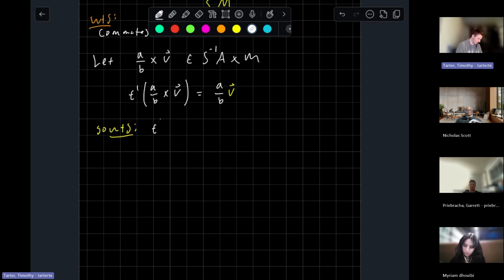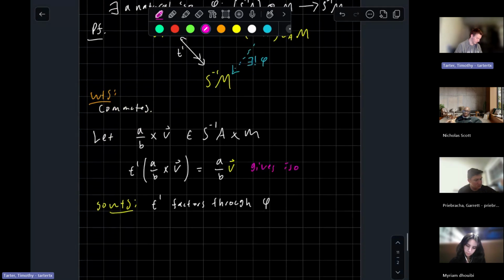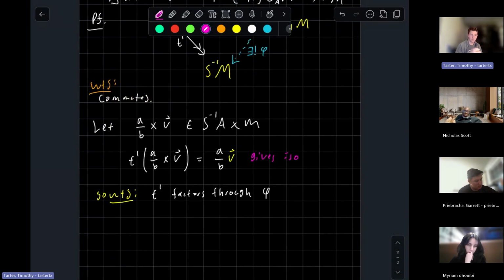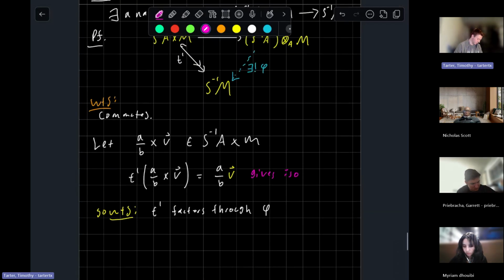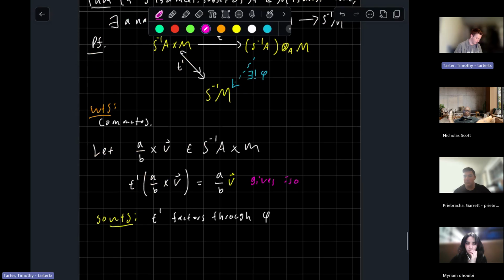And so we just want to say T prime factors through phi. And I'm just going to say this gives a clear isomorphism, without even showing anything. We have a very easy way to do and undo this. We have a very easy way to show injectivity and surjectivity. So we just want to show that T prime factors through phi.